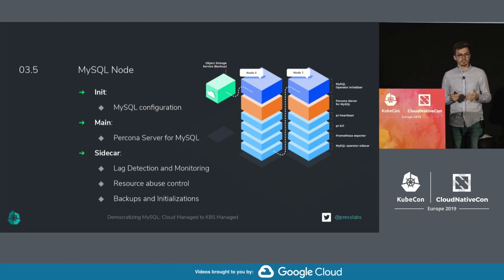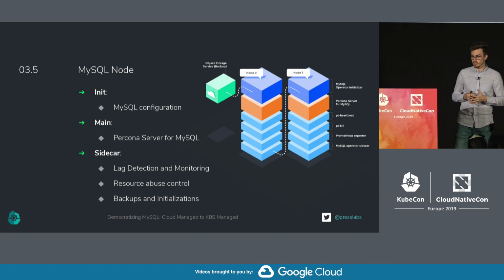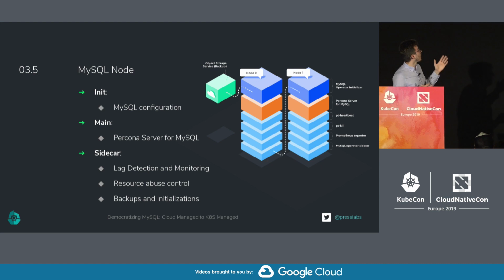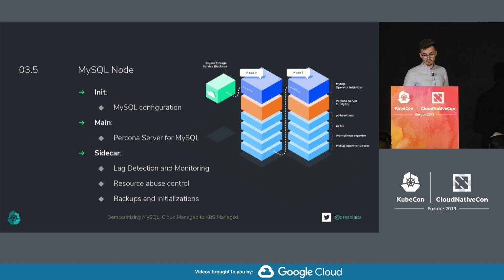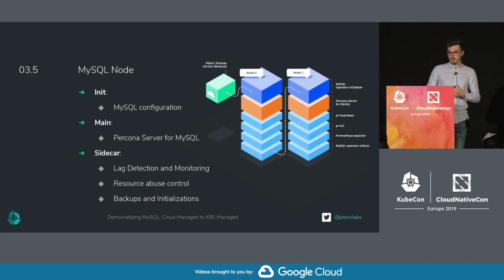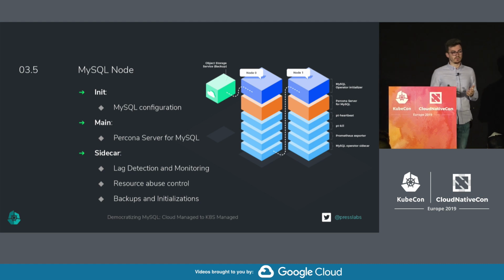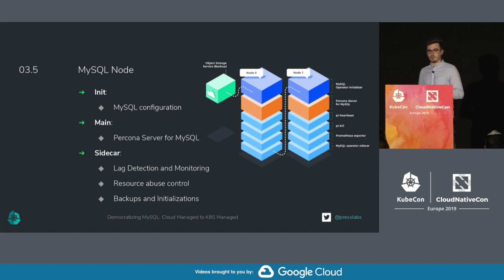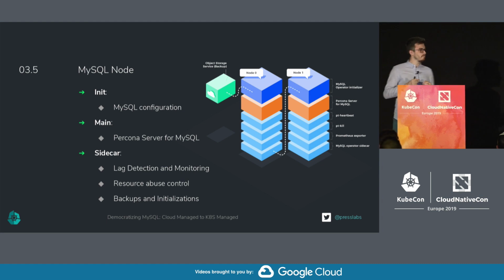Some of them are based on Percona Toolkit, which are responsible for serving several actions like lag detection, monitoring, and resource limit policy enforcement. And there is one more container that provides an endpoint for backups and for other nodes to initialize from.